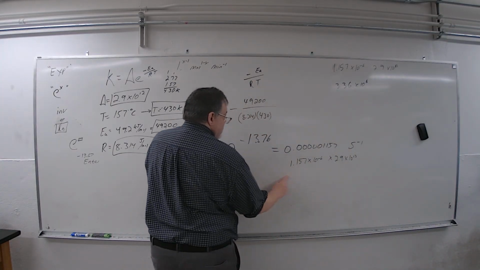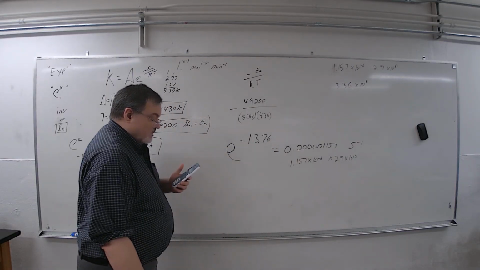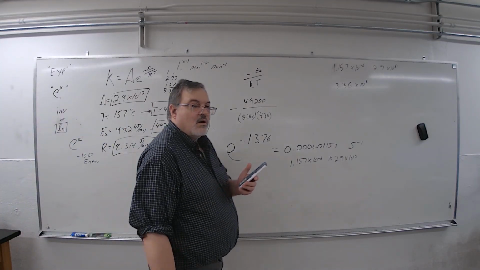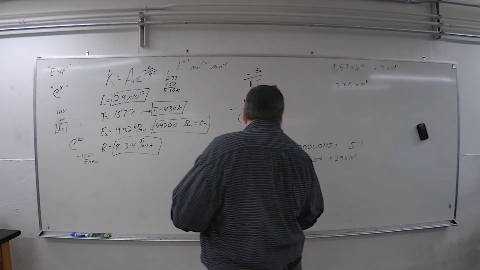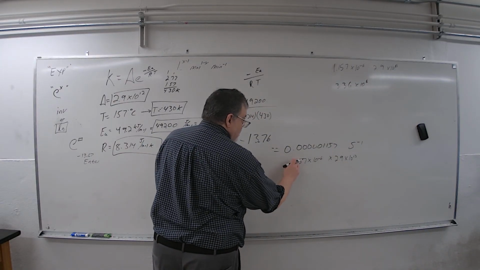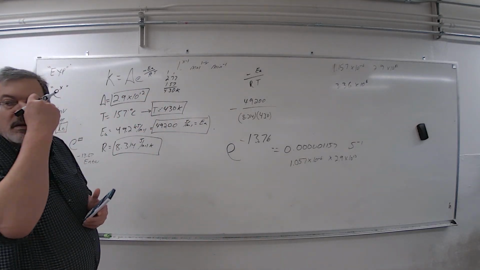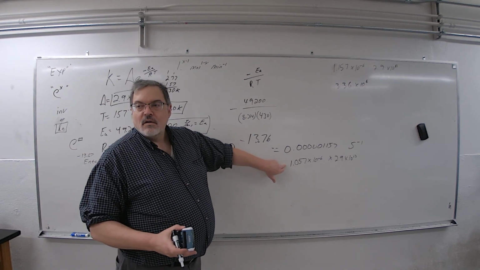Is this what y'all got when you did this? 1.157? When we calculated it, like we did the combined, we were talking about the 49,400 divided by, and we put in parentheses the multiplication, and then we got the difference. Did you get that? I'm getting like 3.1.